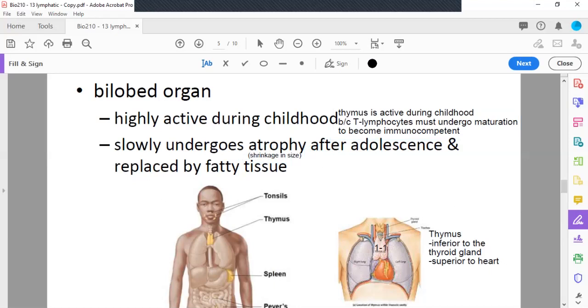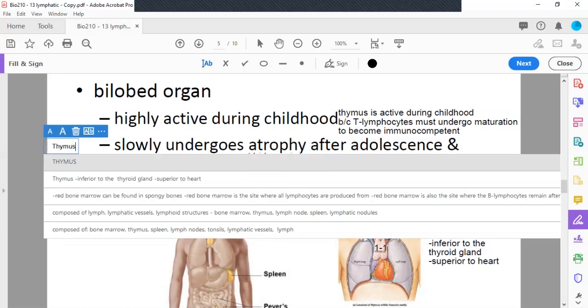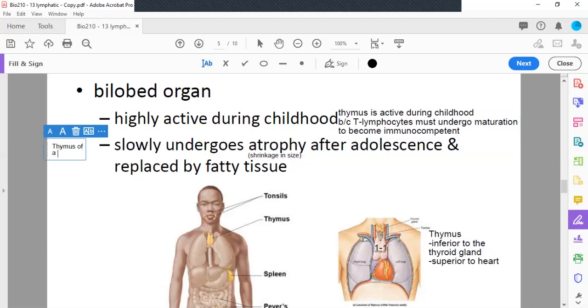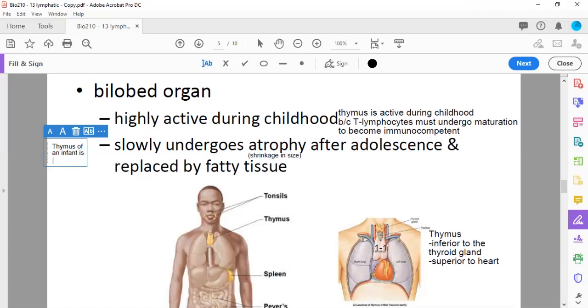So what we can make a note of is this: the thymus of an infant is larger than the thymus of an adult.